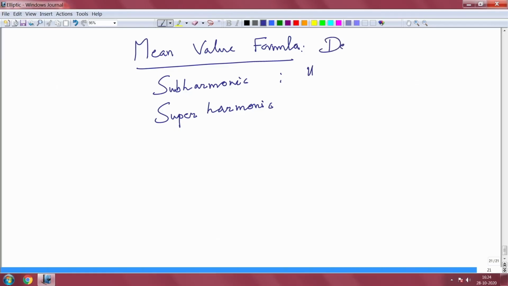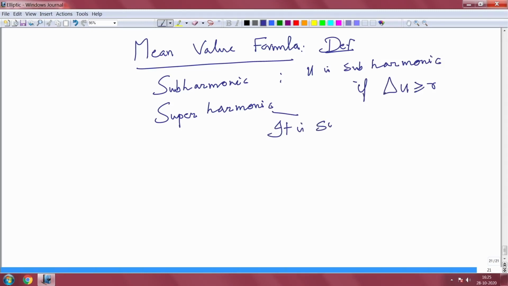So, subharmonic, this is a definition. U is subharmonic if Laplacian of u is greater than or equal to 0.